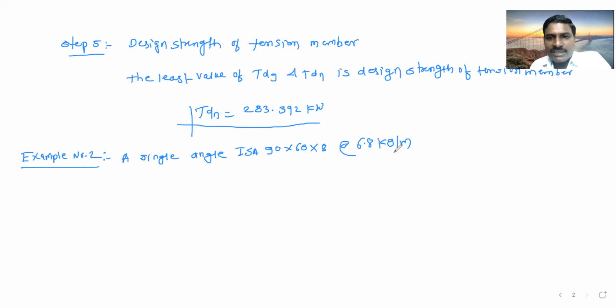At 6.8 kg per meter, it means what? If we take an angle of 90 by 60 by 8, what will be the weight of 1 meter? 6.8 kg. So in the market the sections are available in this type. We say I want to purchase an I section or channel section steel.